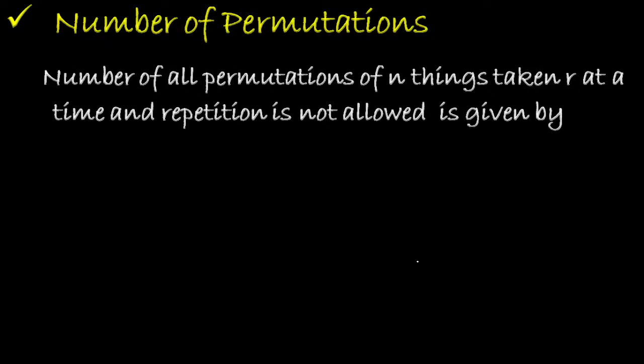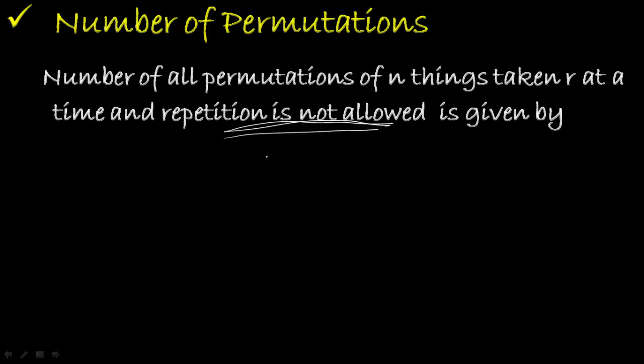Based on that, we first find the number of all permutations of n things taken r at a time, where repetition is not allowed. Most of the problems in permutation speak only about repetition not allowed. In some cases, if repetition is allowed, it is mentioned in the problem itself.